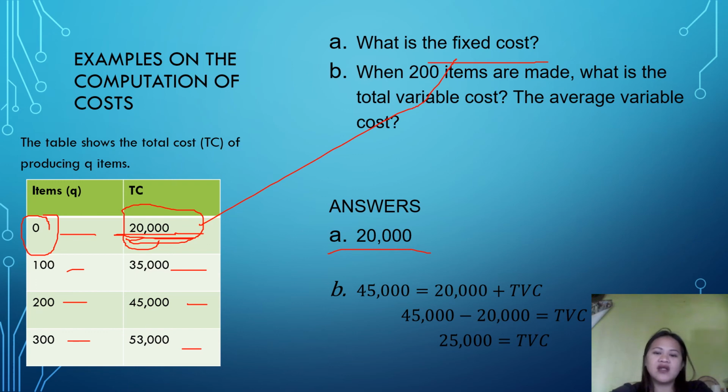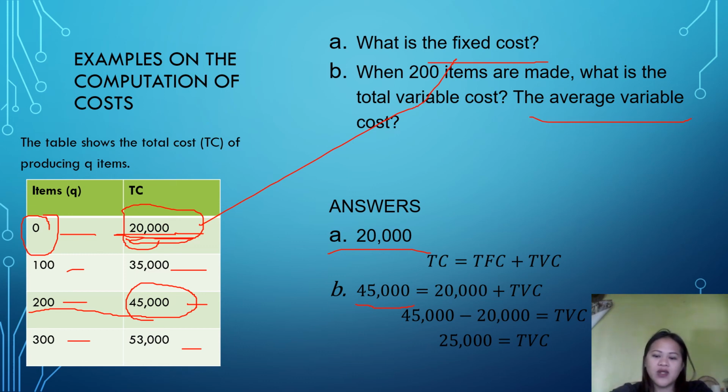Second is, when the 200 items are made, what is the total variable cost and what is the average variable cost? Of course, if the 200 output is made, we could actually define the total cost as the 45,000. There is the total cost. Okay, but what about the average variable cost? It is mentioned there the total variable cost.